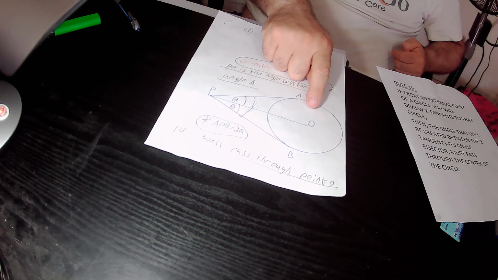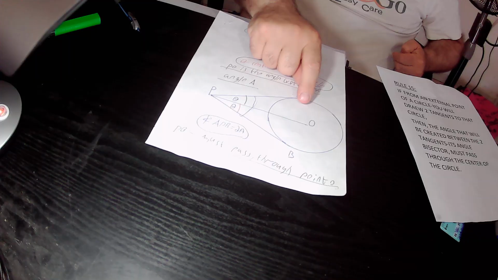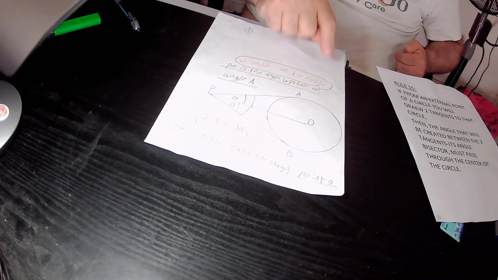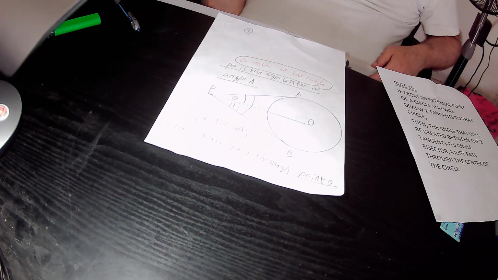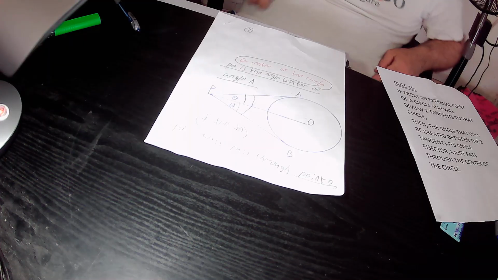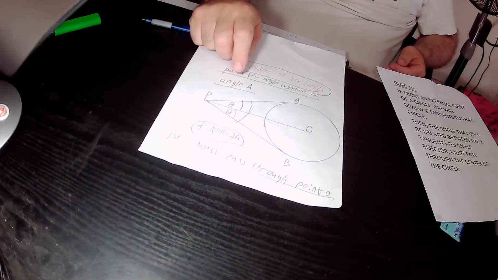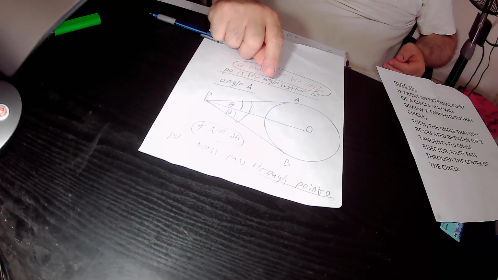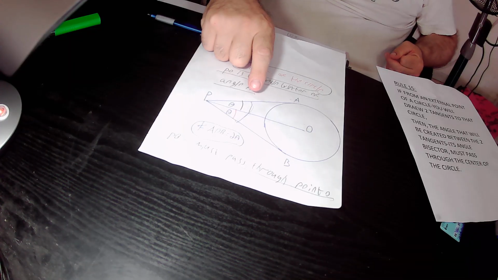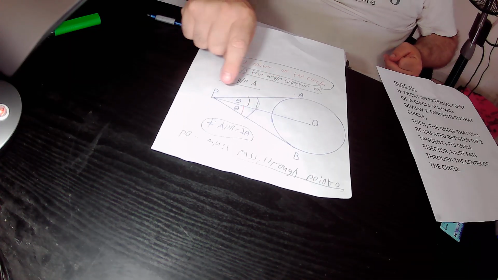Again, the angle bisector of angle APB must pass through point O, the center of this circle. So whenever you draw two tangents to a circle from a common external point to the circle, you will create the angle that was created by the two tangents.